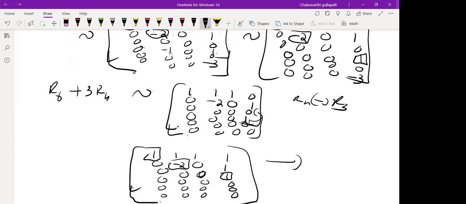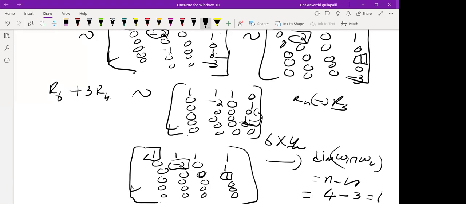So what is the rank? The dimension of W1 intersection W2 will be n minus r. n is the number of columns. This is a 6 by 4 matrix, so n is 4.